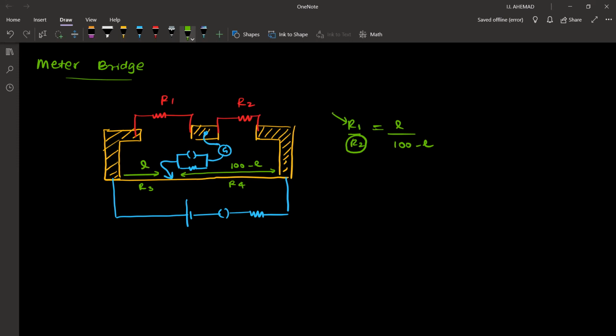So is the idea of the meter bridge clear? It is similar to the Wheatstone bridge. If you got the idea how a meter bridge works, then it's easy from there.